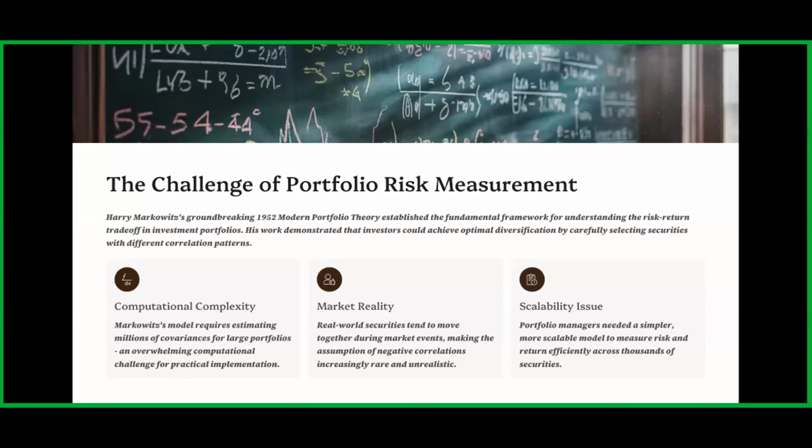So what is the market reality? Why do we need the single index model theory? Real world securities tend to move together during market events. We know that companies of the same sector move together, that means they move to the upper side and the lower side at the same time, making the assumption of negative correlation increasingly rare and unrealistic.